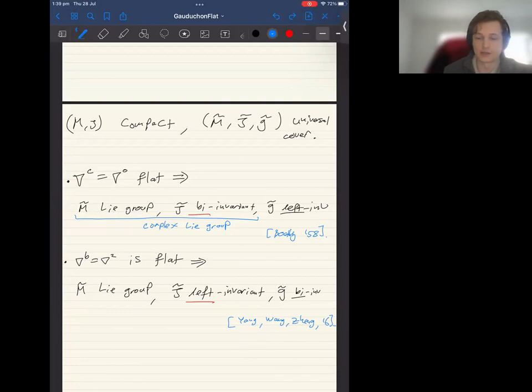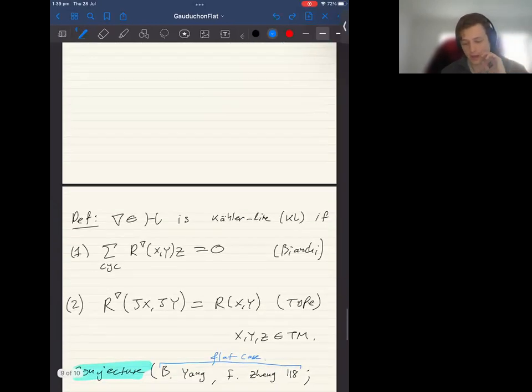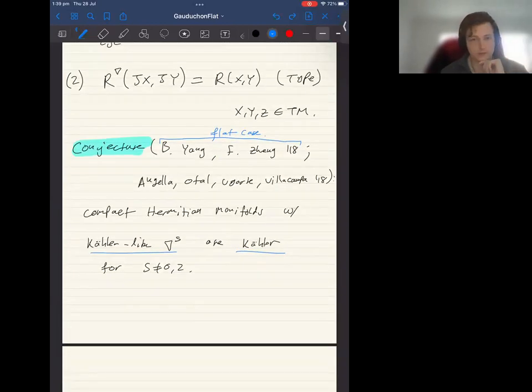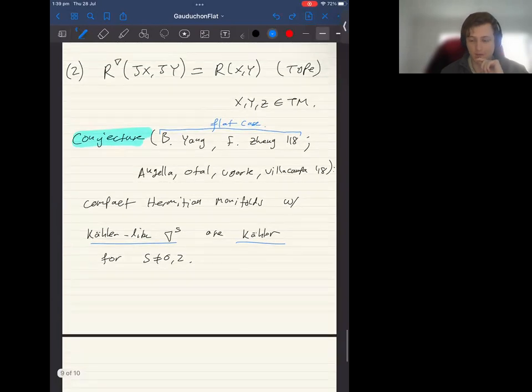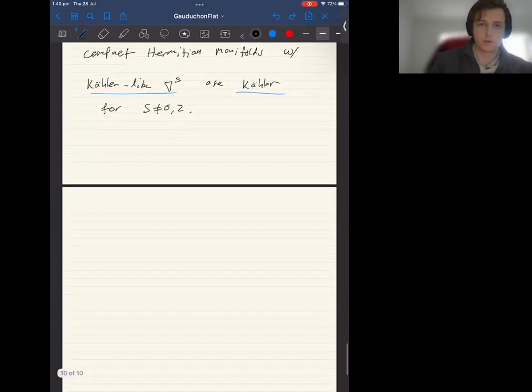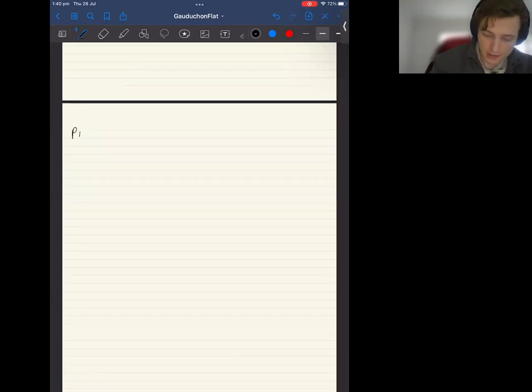Plenty of non-Kähler examples are contained in these two cases, right? But for the rest, we expect it to be Kähler. Okay. So is there any questions on the statement of the conjecture before I talk about some work that's been done? Okay, good. So here's a very, I don't know, non-exhaustive list of previous results on this.